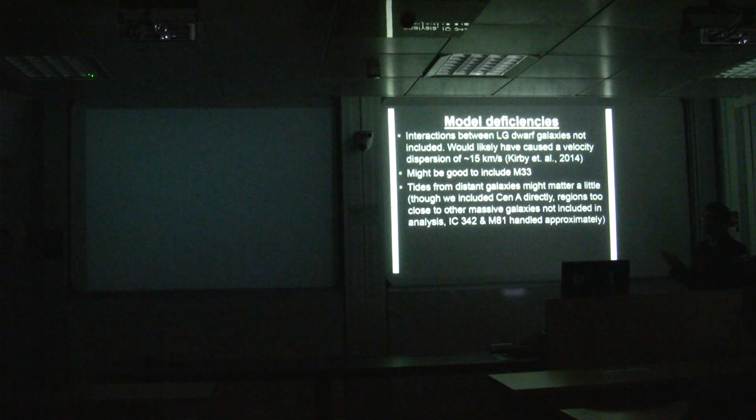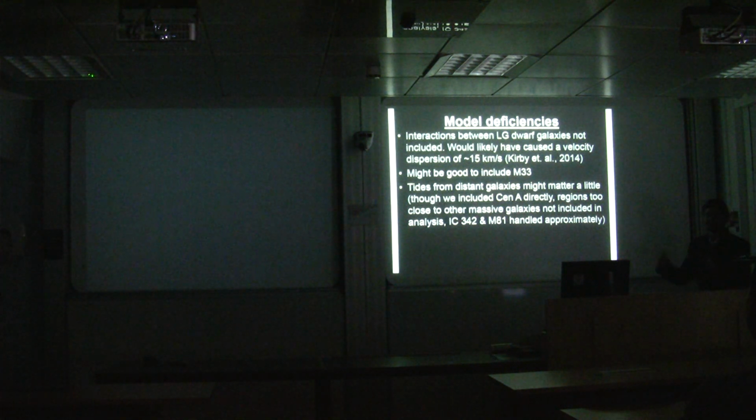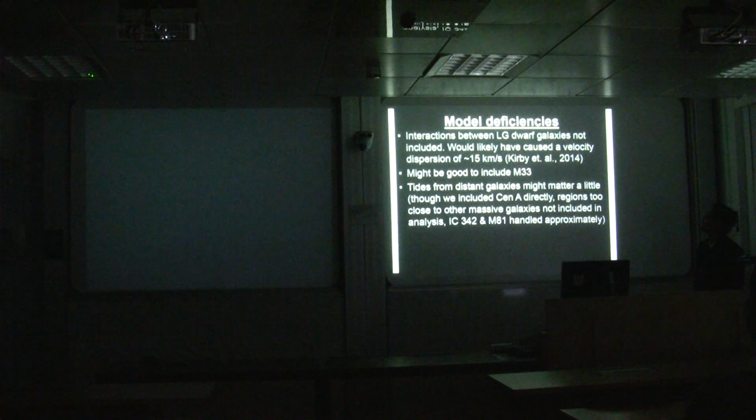We do include the Large Magellanic Cloud, which I'll come to later on. Tides from galaxies outside the local group, things like Centaurus A. Well, Centaurus A we actually include directly, but more distant things naturally, we can't include everything. Regions too close to some of those objects we simply didn't analyze because our model might not be accurate.